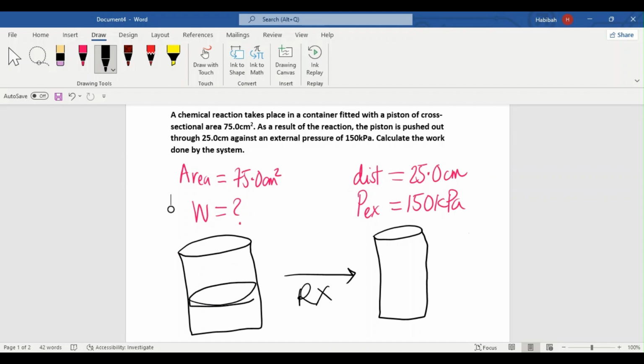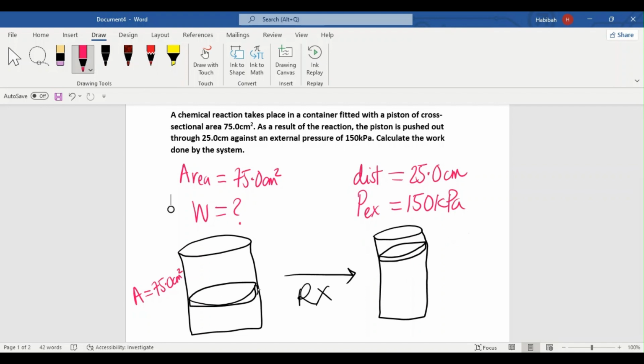We're told that the area is 75.0 centimeter squared, and we have the distance traveled by the piston, which is 25 centimeter.